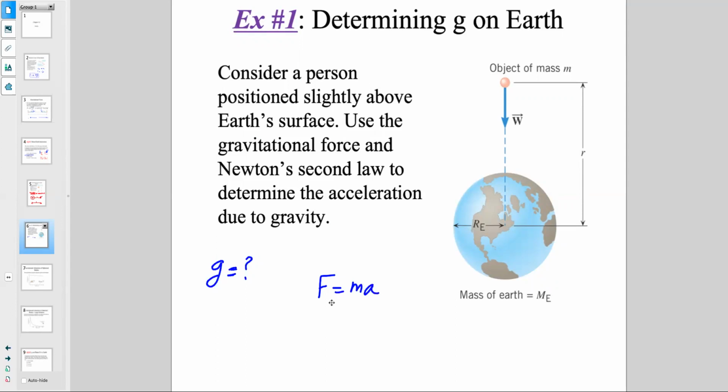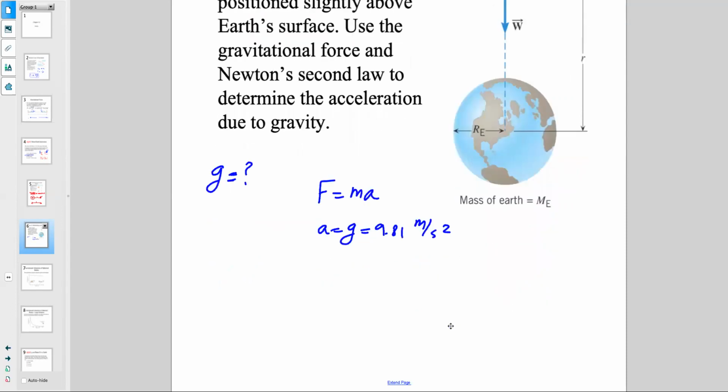If it's freely falling, then I have a being g, which we know the value for, 9.81 meters per second squared. So I have F equals mg, which the book usually shows with W, which we know as weight. So F equals mg.